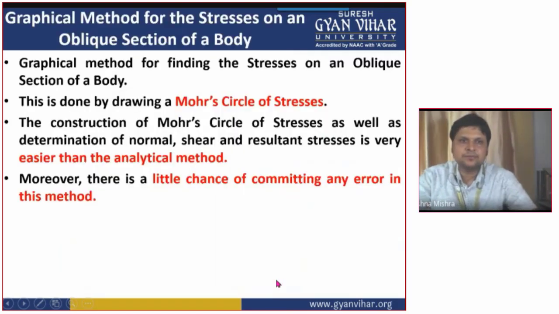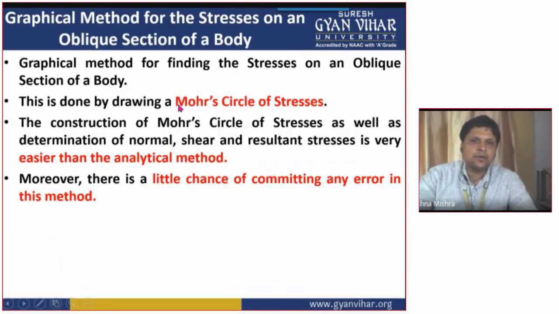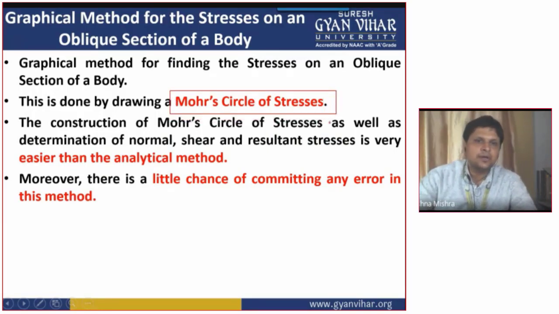Now moving further. Now in the graphical method, we are going to draw the Mohr circle. Let me tell you how it is drawn. The construction of the Mohr circle of stresses as well as determination of normal, shear and resultant stress is very easy as compared to the analytical method.